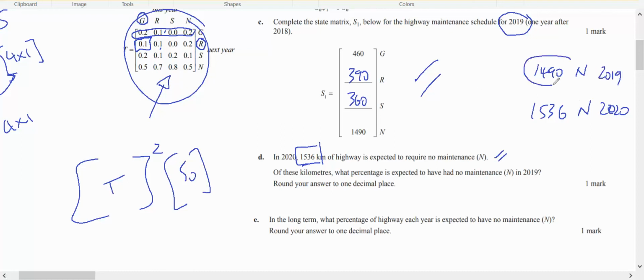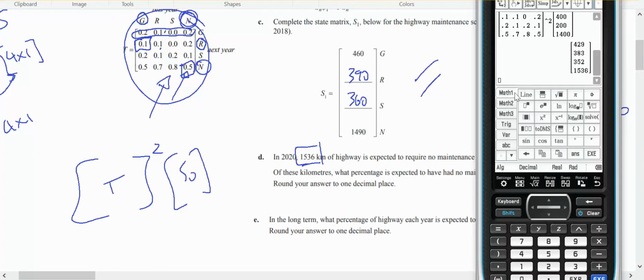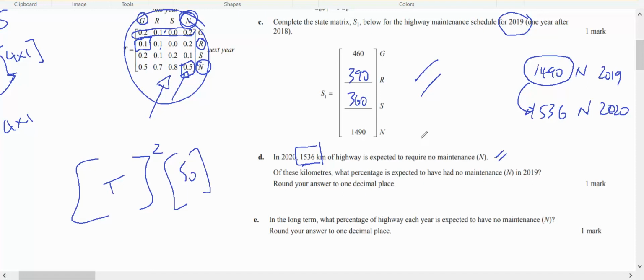What proportion of these make up those? So of the no maintenance and no maintenance, 50% don't get maintained. So 1490 times 0.5 is going to give me 745. So 745 of those didn't get maintained the next year.